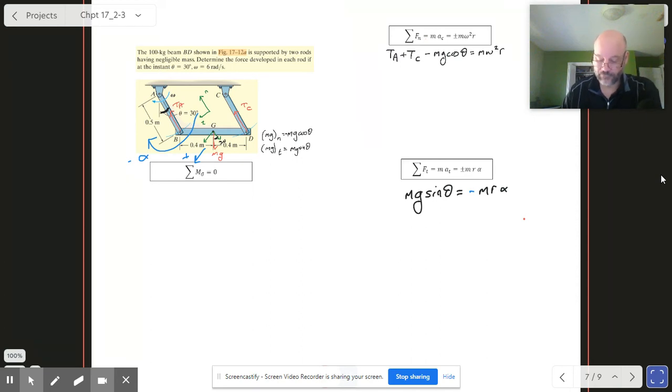All right. Okay, so the m's are going to cancel just like that, and we get that alpha is equal to minus g sine theta over r. Okay, and r is going to be 0.5. It's just the length of one of those rods there. Okay.